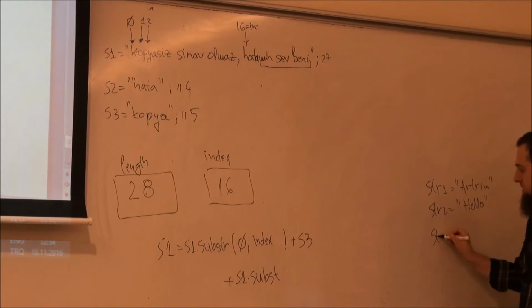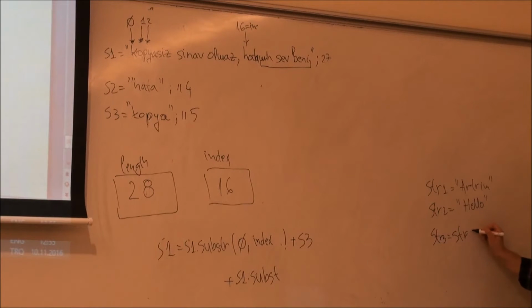Then if I say S3 is equal to string 3 is equal to string 2 plus string 1, then the value of S3, string 3, will be what? Can you tell me? Hello Arthur, exactly.